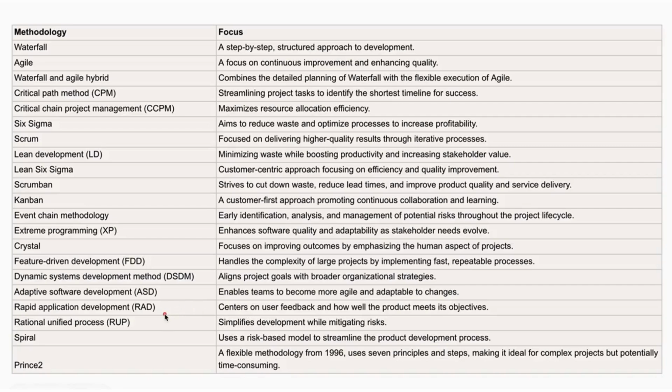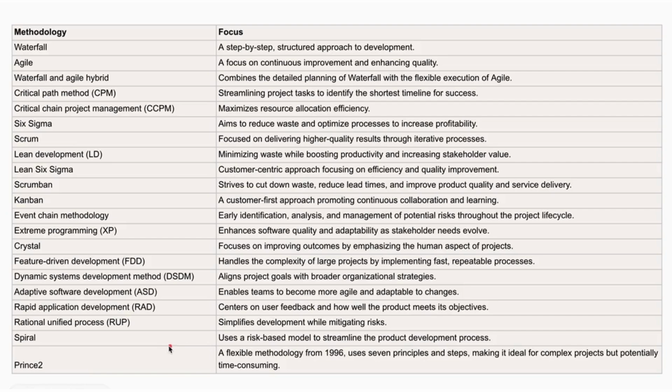And the next methodology is rapid application development, RAD. So it centers on user feedback, and how well the product meets its objectives. So everything is focused on the user feedback. And the next one is rational unified process. So it simplifies development while mitigating risks.